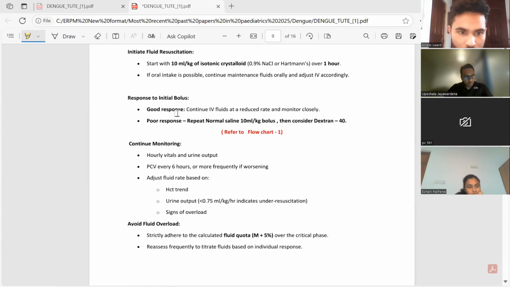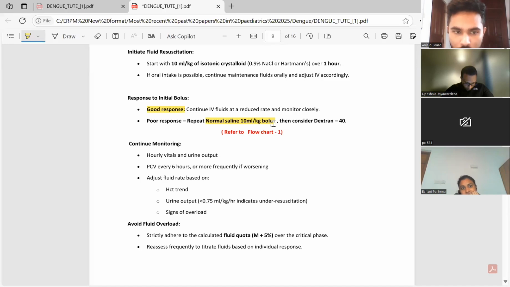If the response is good, what do you do? You might reduce the fluid from 10 ml to whatever amount. If the response is poor, that is where we are worried. If the response is poor, you repeat the normal saline bolus again. Was that understood? So this is what you do if the child is not getting better.